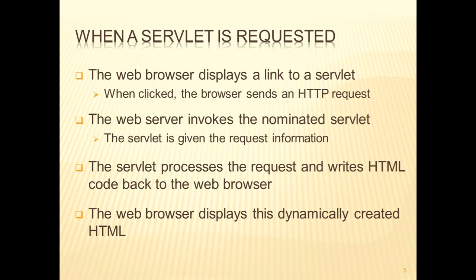When the request arrives at the web server, it will take the request, decode it, work out what's been asked for, and then will search to see if it has what has been requested. And if the server can find what has been requested, it will then process that request, writing back the HTML that has been requested. And then the web browser will take this dynamically generated HTML and display it for the user to see.